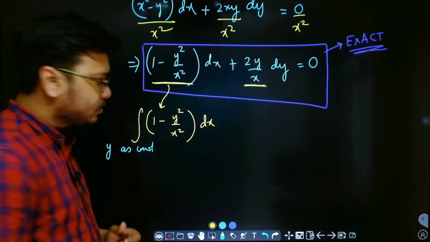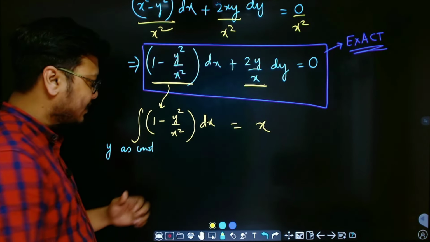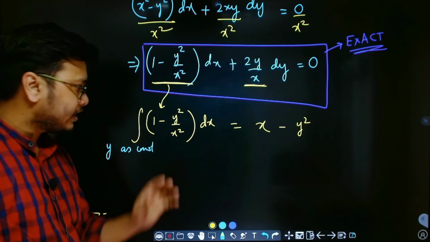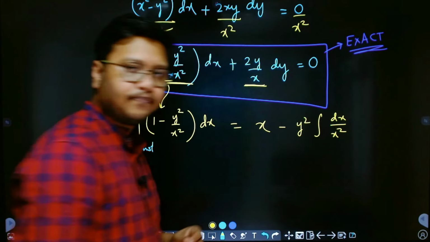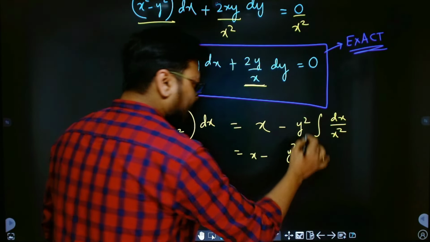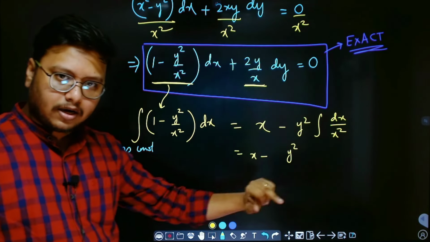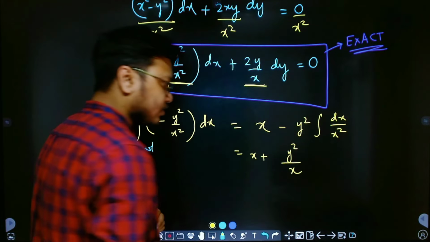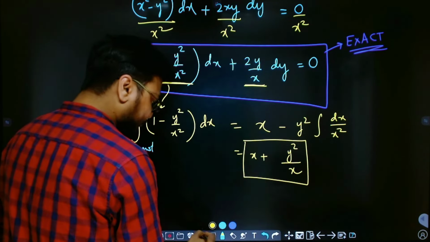If I do this integration treating y like a constant and with respect to x, the integration of 1 becomes x, minus y square, which remains like a constant, times the integration of dx upon x square. So this is x minus y square, and the integration of x to the power minus 2 is x to the power minus 1 upon minus 1. So it becomes plus 1 by x. So this is one of our integrations.